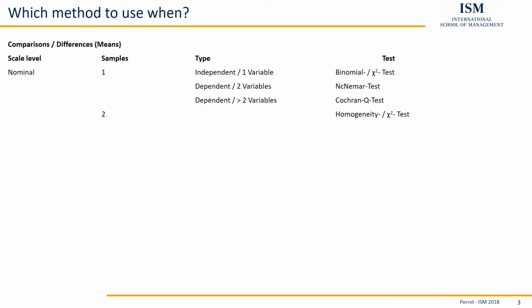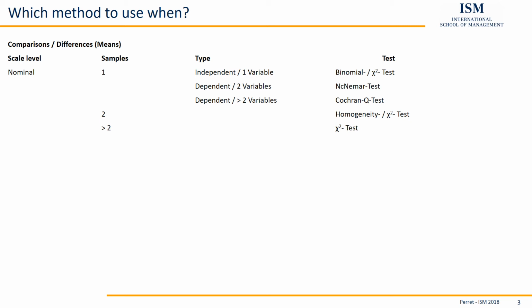If I have two independent samples, two independent variables, I'm going to use either a homogeneity test, or I could also call this a chi-square test, because the homogeneity test is more or less a chi-square test. And if I have two or more independent samples, then I'm using a chi-square test again, but now with more than two columns to compare.